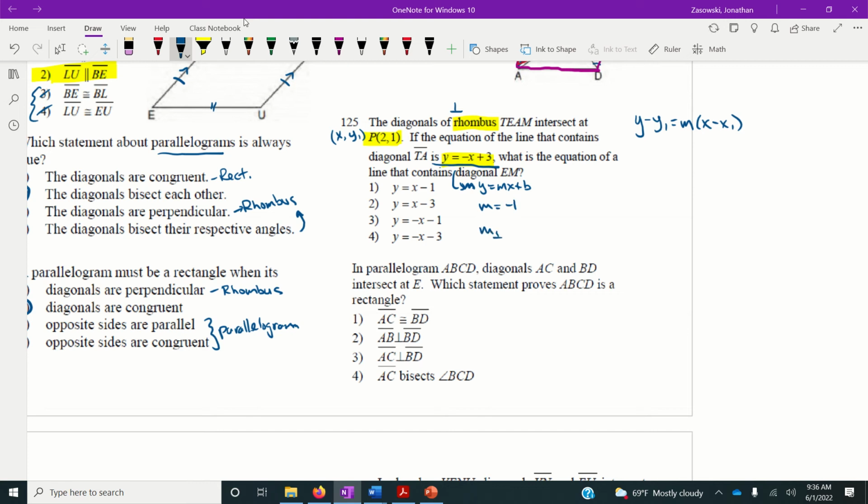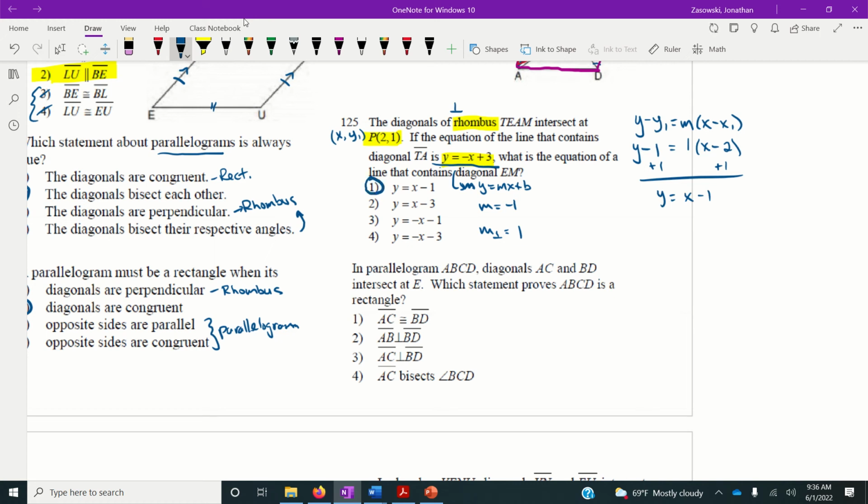So the line that we have should have a perpendicular slope, which is the negative reciprocal, so that's positive 1. So if we plug our point in, y minus y1, which is 1, and x minus x1, which is minus 2, and then 1 times this is just going to stay the same. So if we add the 1 to both sides, we're going to get y equals x minus 1. And this would be our answer.